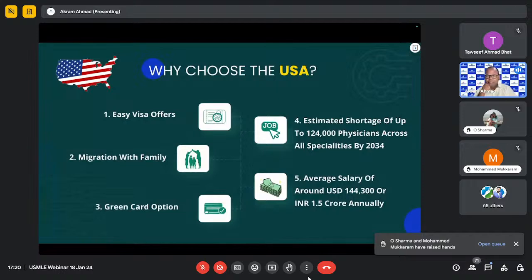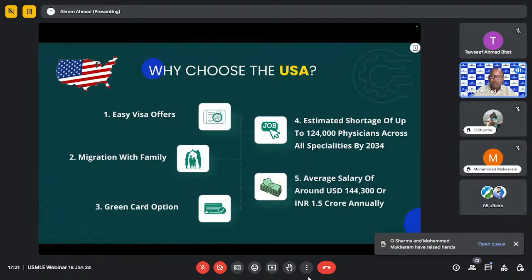So why do you need to migrate to the US? The US is the only country where, if you want to do PG or any specialization, you go for USMLE from day 1, as compared to PLAB or AMC, which take time.